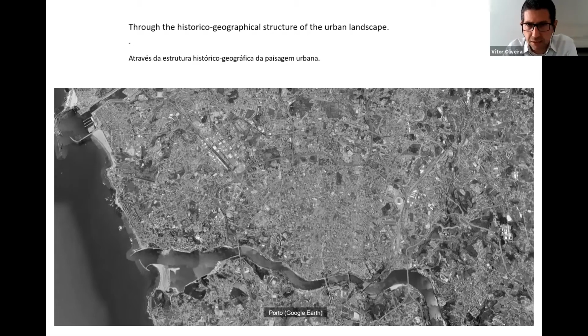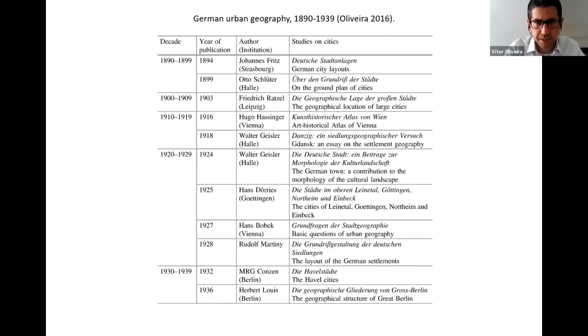So in the case of this approach, the goal is to understand history and geography, and through that to have an accurate description of the urban landscape, and if we want to have some guidelines for practice, being this architectural or planning practice.